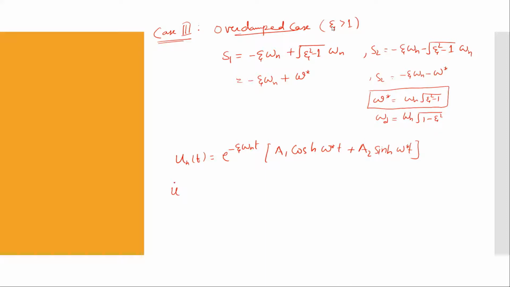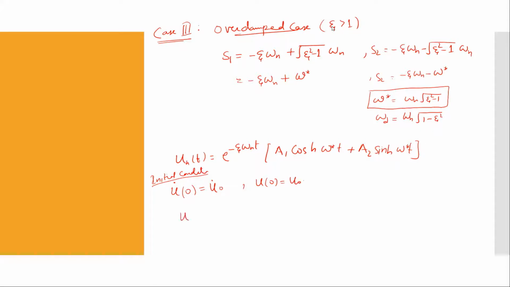So u dot at 0 equals u dot naught, initial conditions are given, and u at t equals 0 would be u naught. So we will put the value here.